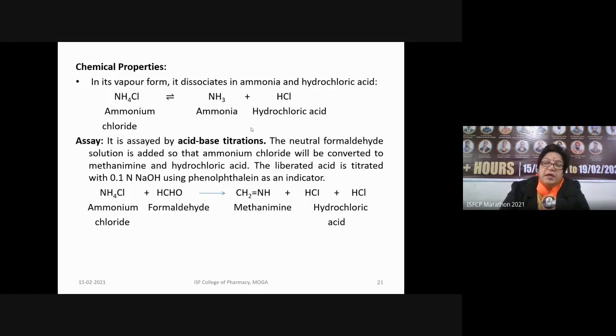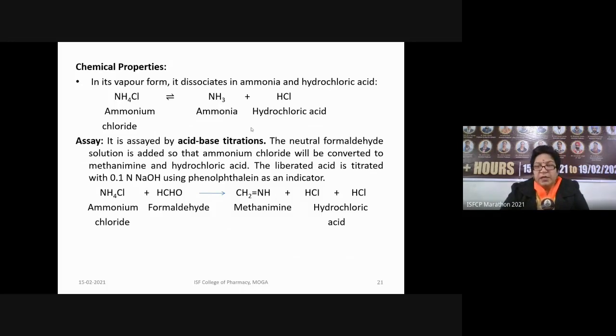And as far as its assay is concerned, कि कैसे इसका अनुमान लगाया जा सकता है, इसका assay कैसे करते हैं, it is assayed by simple acid base titrations. What is that? The neutral formaldehyde solution is added so that ammonium chloride will be converted to methenamine and hydrochloric acid.